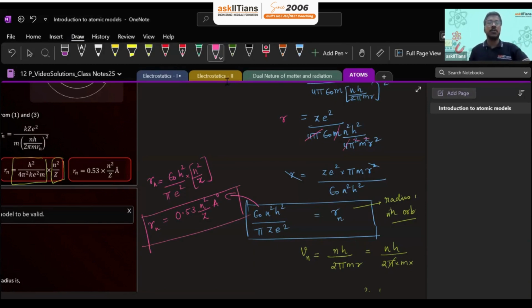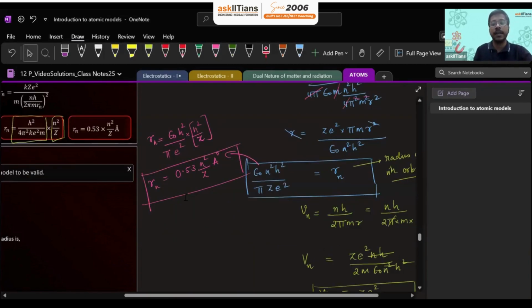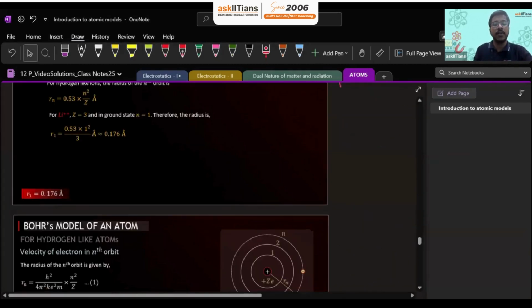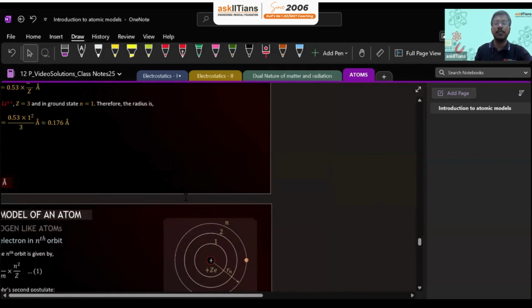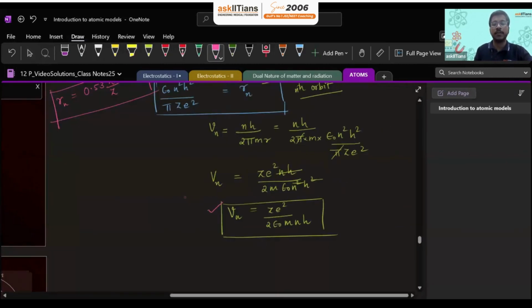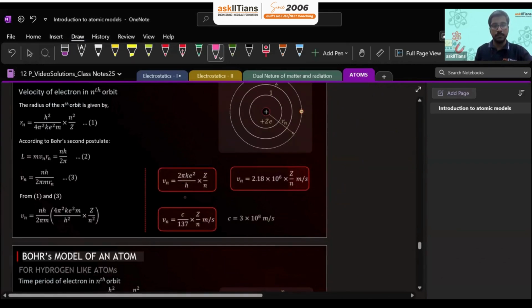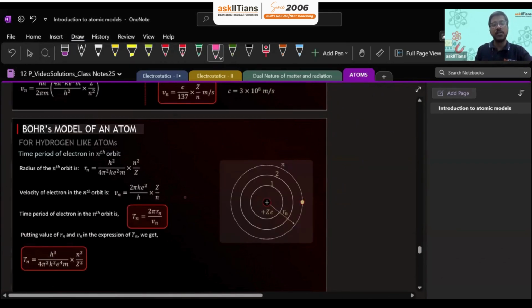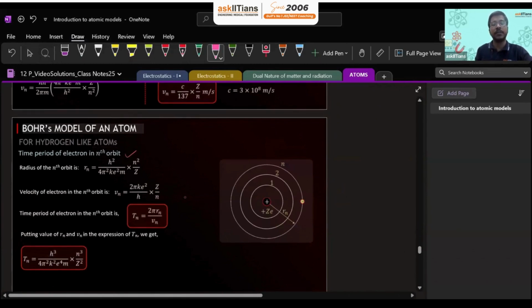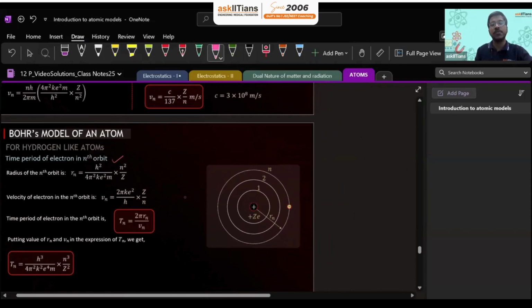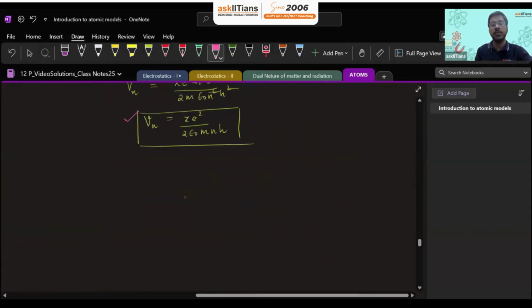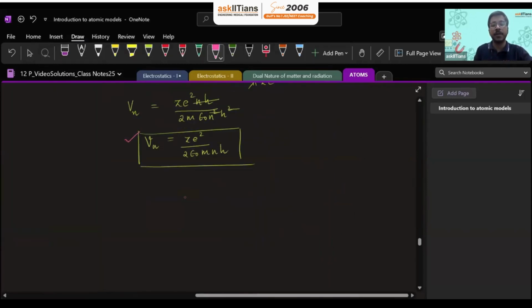Okay, so if you have the radius of the electron in the nth orbit, and we have also found out the velocity of electron in the nth orbit, from that we can also find the time period of the electron in the nth orbit. Because if you know the velocity, it's easier to find the time period.